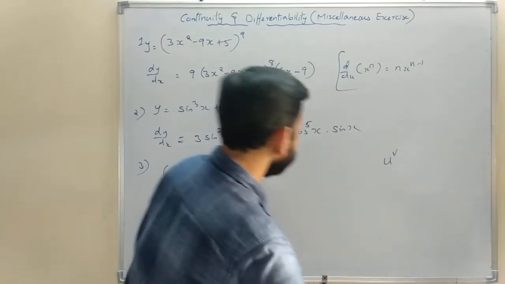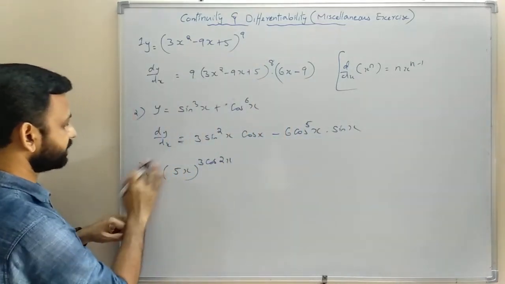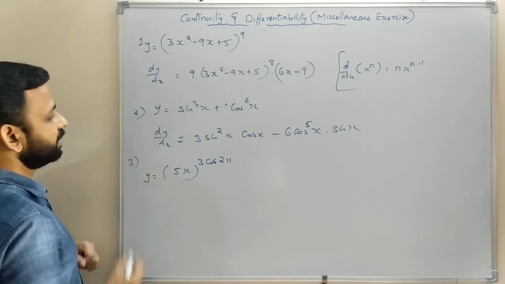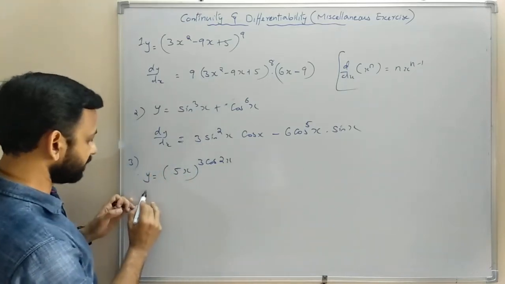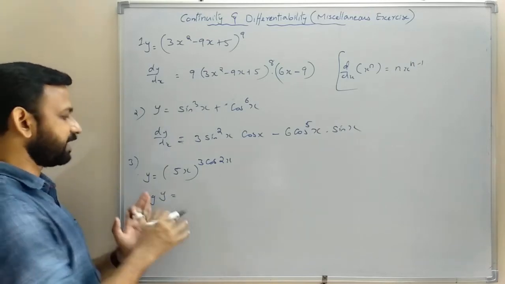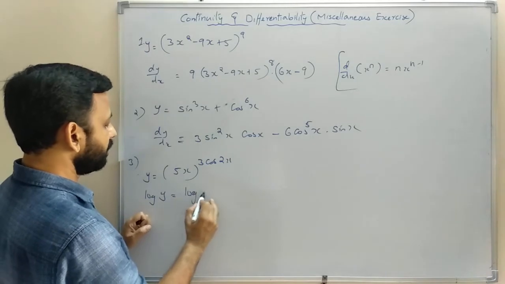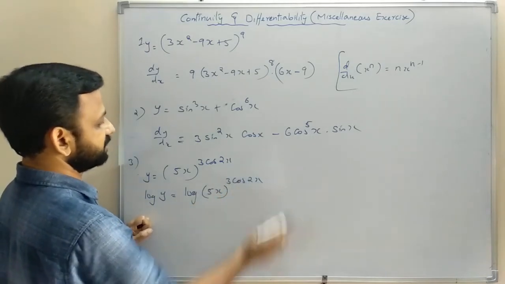So here we can take this function. Let y is equal to this one, question number 3. Then we will take log on both sides. We have done this type in the previous exercise. Log y is equal to the logarithm of the RHS, 5x raised to the power 3 cos 2x.